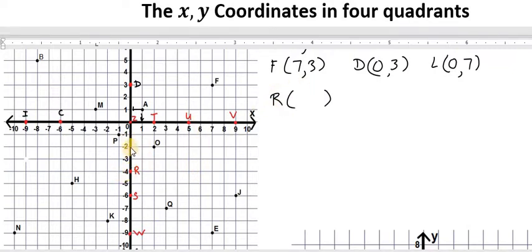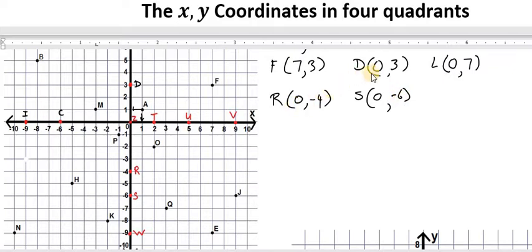Point R is found below 0 on the x-axis. So its x location is 0 and its y location is -4. Again, we are seeing a point found on the y-axis has an x coordinate of 0. Let's take point S. Its x location in reference to the x-axis is 0 and its y location is -6.